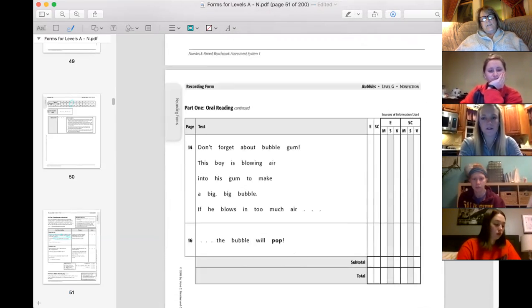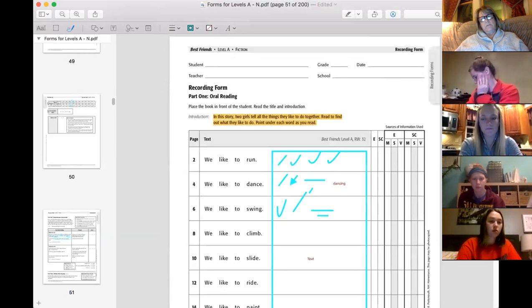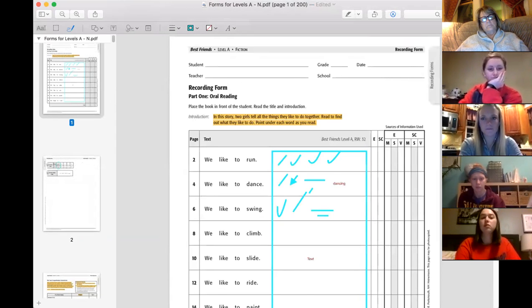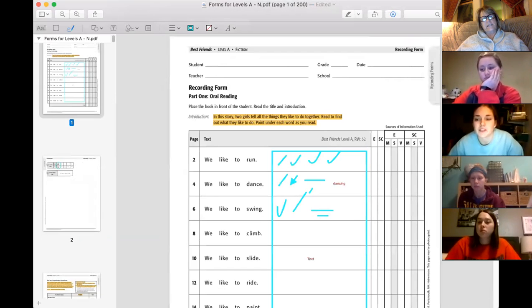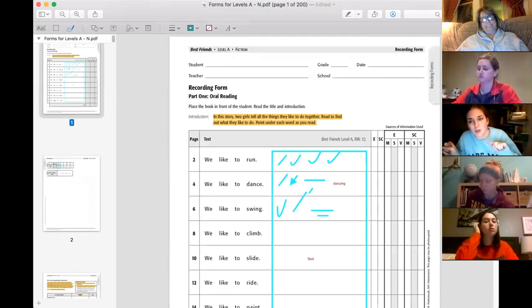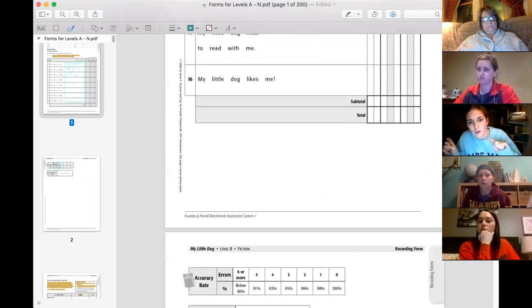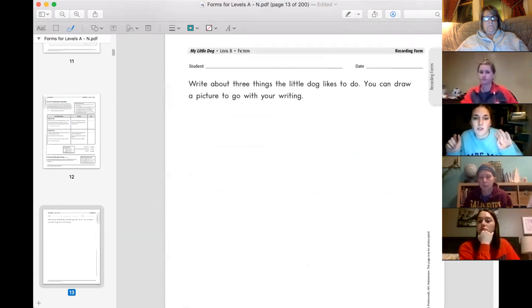All right, so questions that you have. I have a question. Yes, Katie. Sorry. For the writing part, and like drawing a picture if they want to, can it be like guided writing? No, because we want to assess what they can do independently.